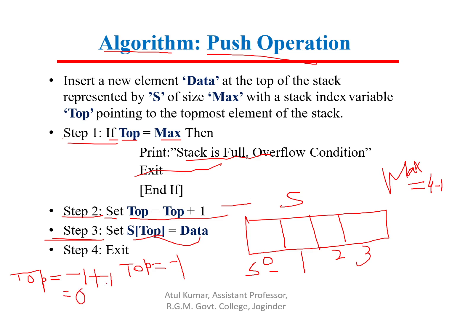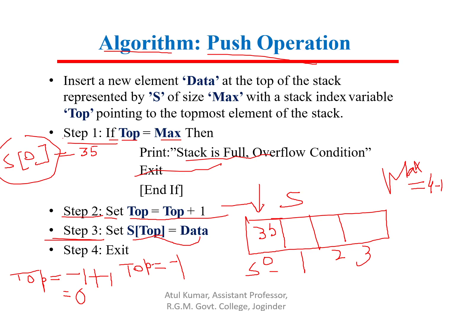Now in the third step we assign the value at S[0], and suppose we want to insert 35 here. So we assign the value 35 at the position S[0]. Now 35 is inserted here, and top starts pointing to this position.